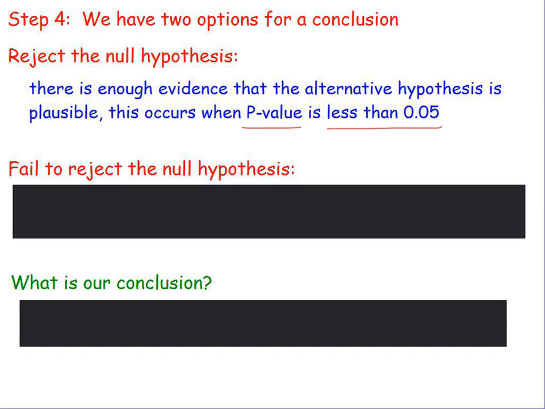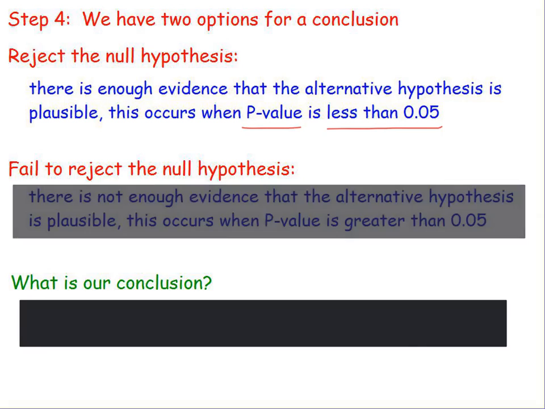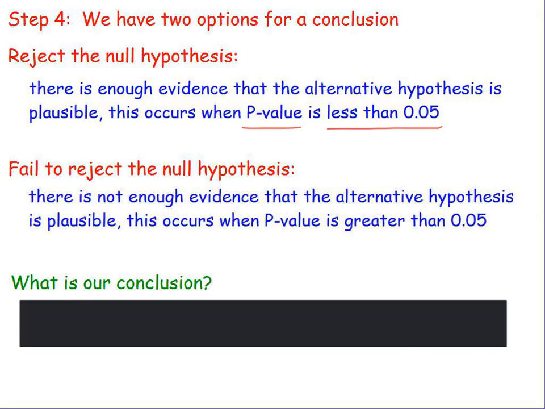That's going to be the general rule. Well, that's rejecting. There's also failing to reject. If we fail to reject it, that means that there is not enough evidence that the alternative hypothesis is plausible. In other words, our test didn't prove that there was enough difference. This occurs when the p-value from the blue sheet is greater than 0.05.